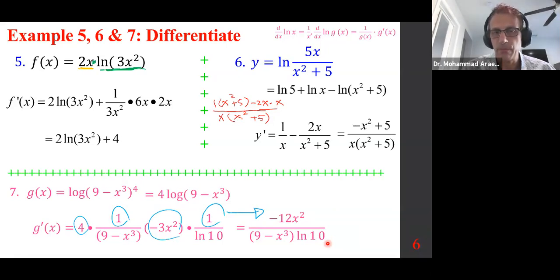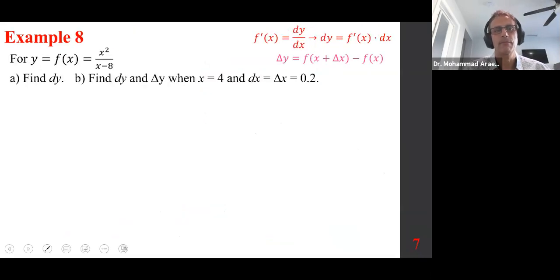Let's look at the last question I want to do for today. We are given the function y equals f of x equals x squared over x minus 8.